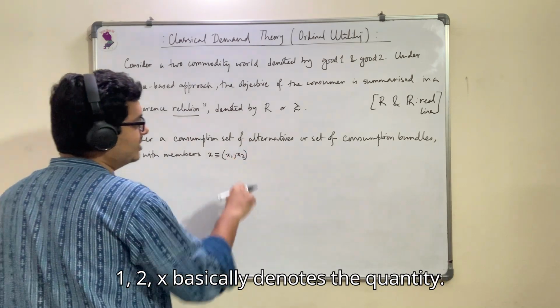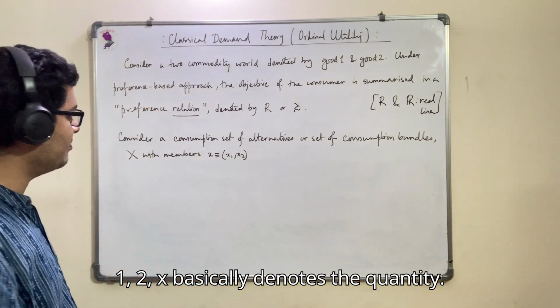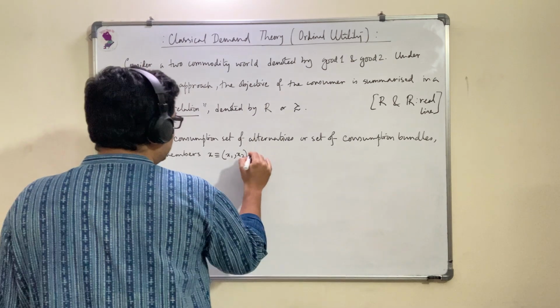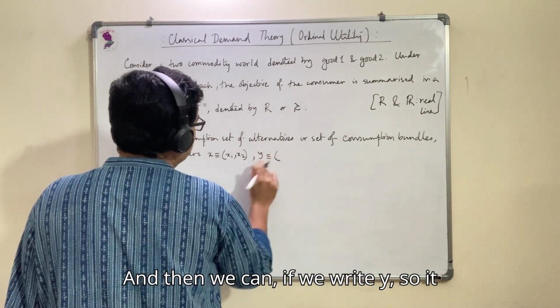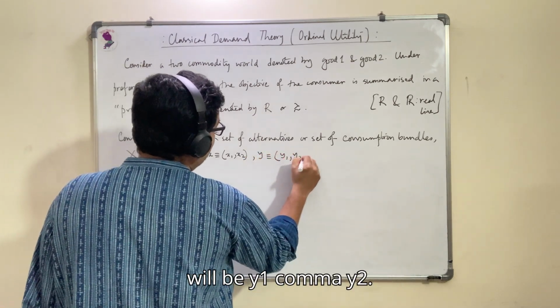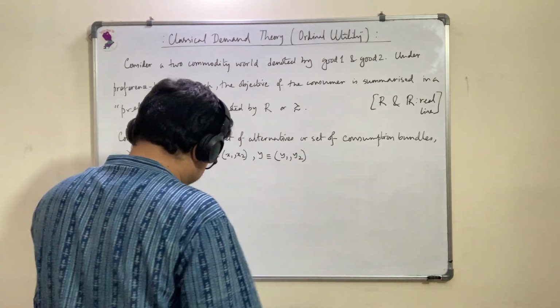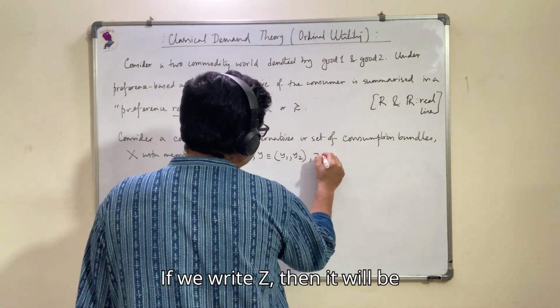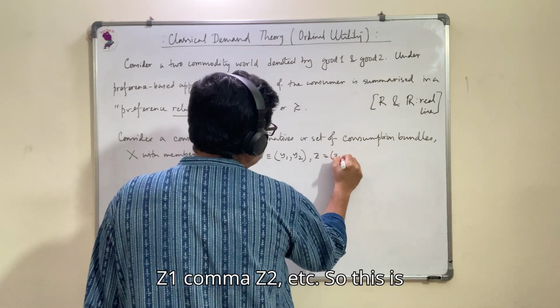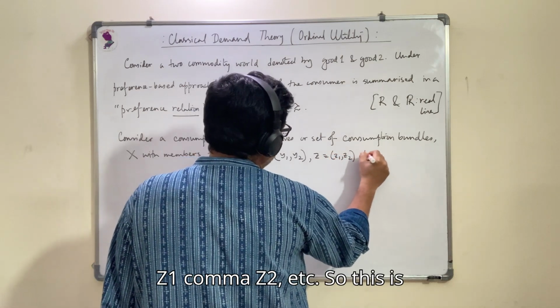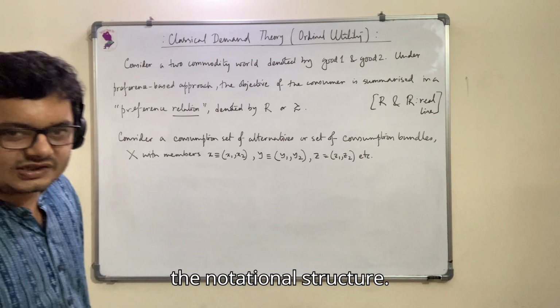Two commodities 1, 2. X basically denotes the quantity, and then if we write y, it will mean y1 comma y2. If we write z, then it will mean z1 comma z2, etc. Okay, so this is the notational structure.